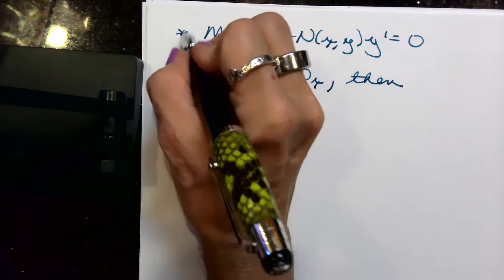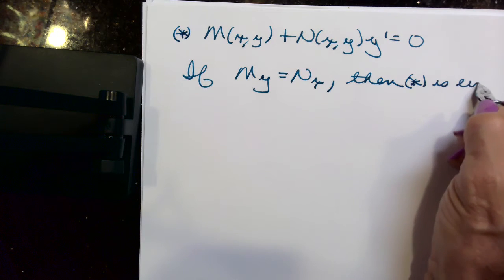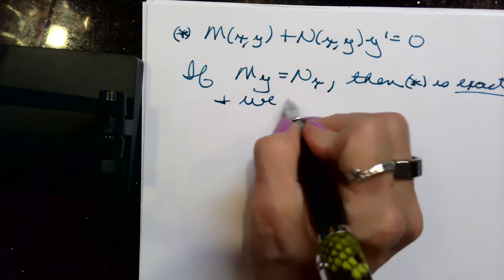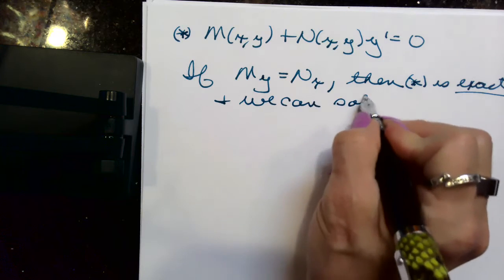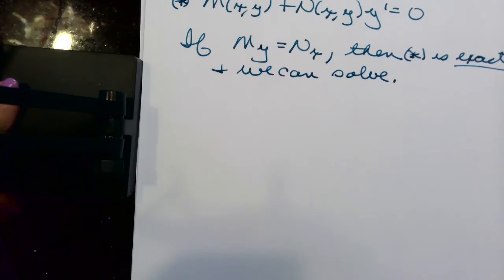Let's call it star. Then star is exact, and we can solve it by the methods we learned in the last video. Okay. So what about if it's not exact?